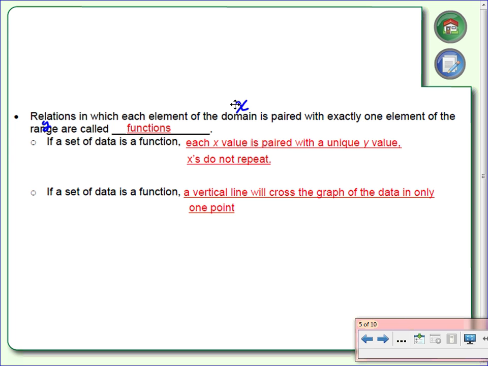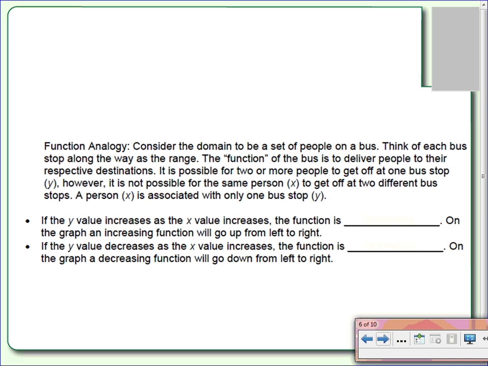Okay, let's keep going here. Down here at the bottom, it says if the y values increase as the x values increase, the function is blank.